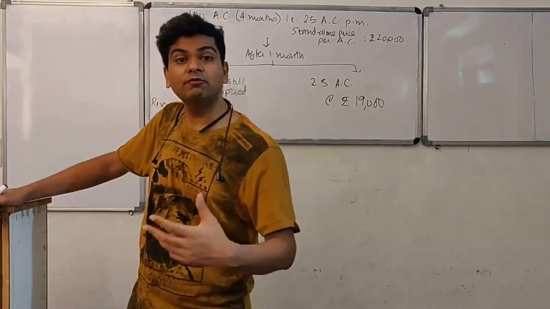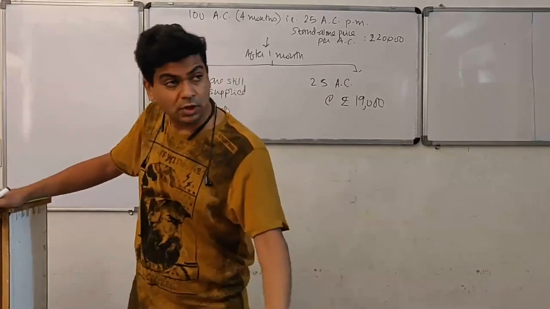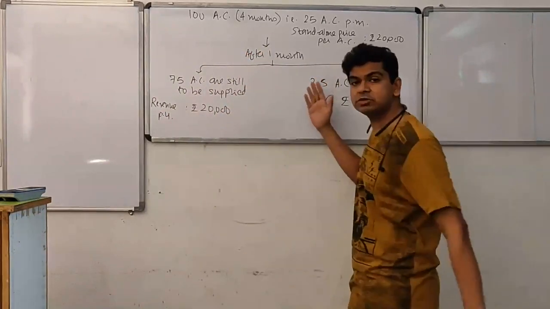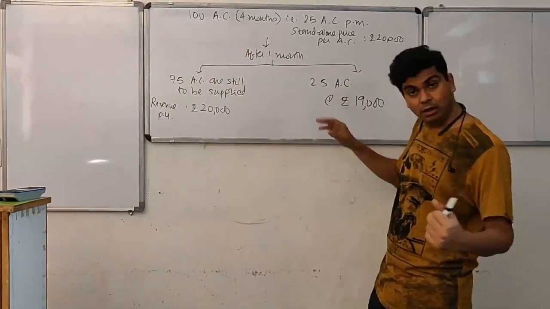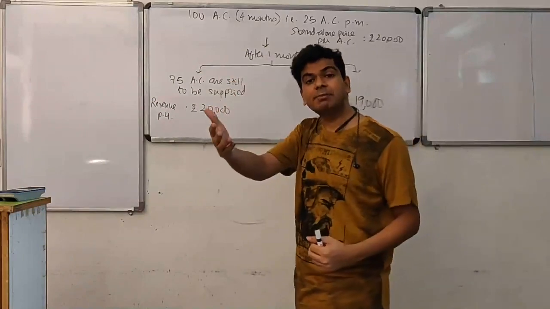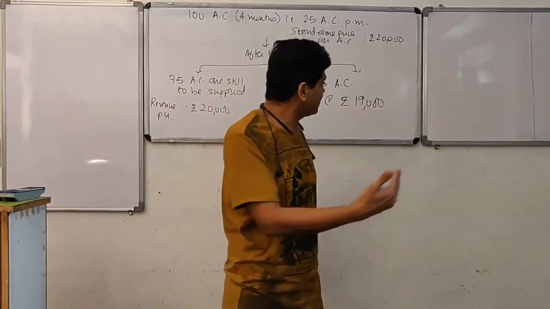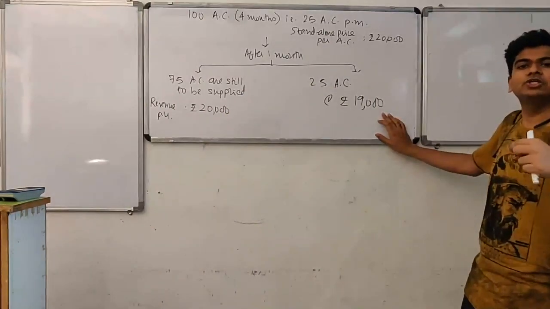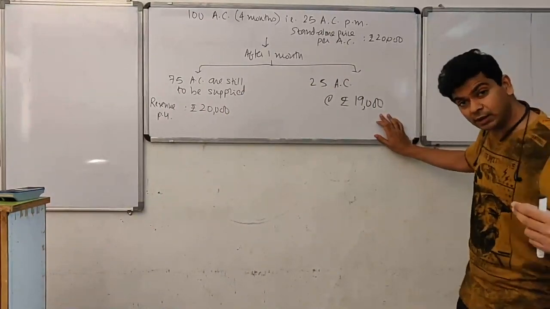But see, nothing of the original contract now continues. Now I will not deliver 75 as per the original. I will now deliver only 25. Originally I was supposed to supply at 20,000. Now I have to supply at 19,000, isn't it? So nothing of the original contract is continuing.